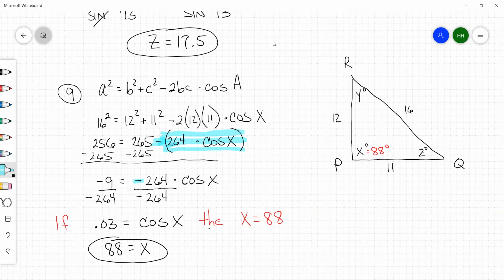So now, what you can do is go back to law of sines. I think it's faster. All right? And get this angle y.